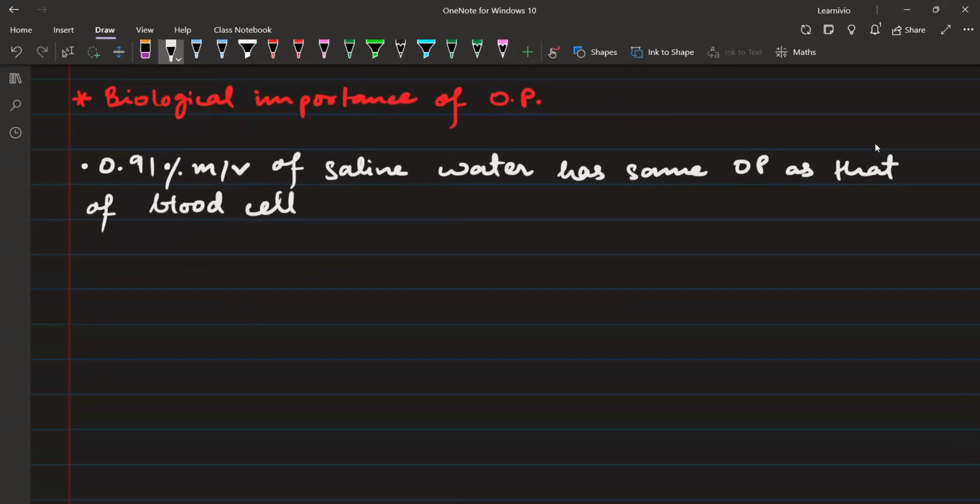Now, if I have a solution and I want to compare its concentration with respect to that of blood, then we can have three different cases.